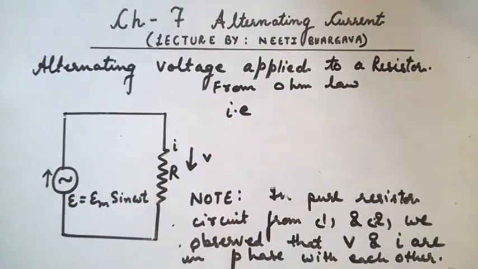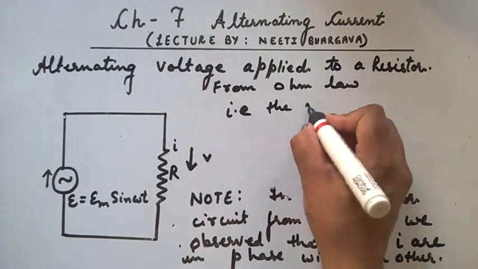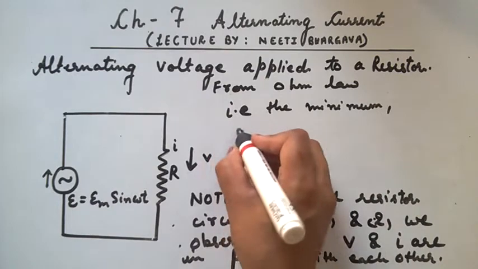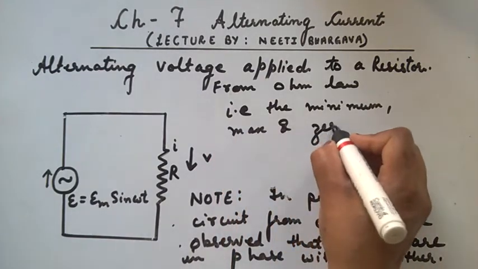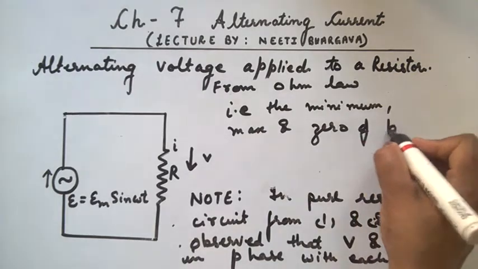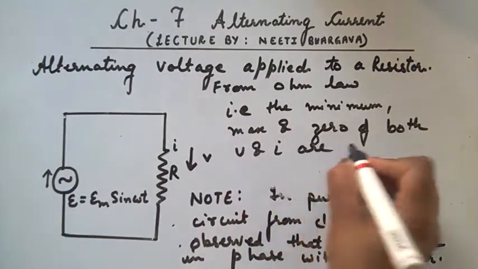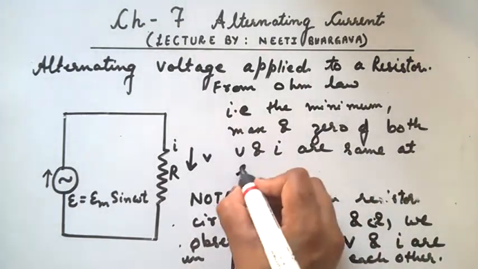That is, the maximum, minimum and zero of both v and i occur at the same time.